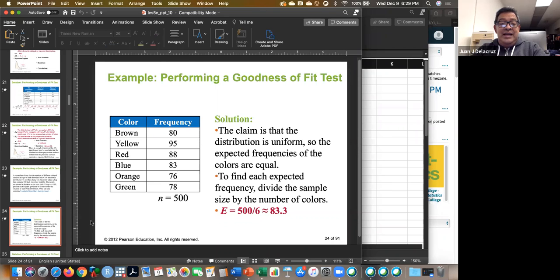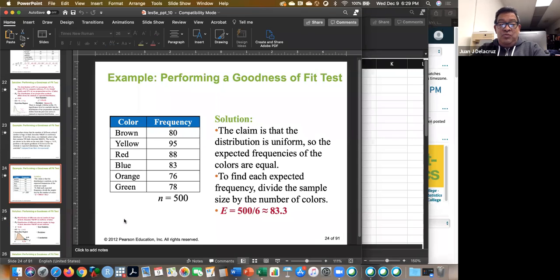This is what happens in reality. What needs to happen is that we find 83.3 here, so each color has to be on average 83.3. Of course, one is going to be 83 and another 84, and so on and so forth. So at the end, we are expecting this rectangular distribution.